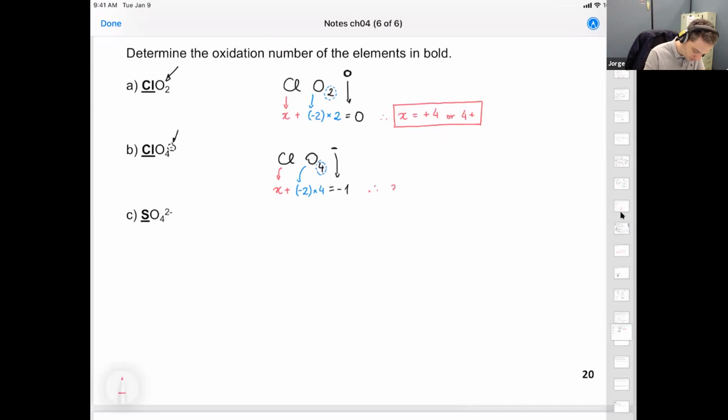Therefore, the only possible value for X that satisfies this equation is +7, or you can also write 7 plus. Always pay attention to the net charge of the compound.